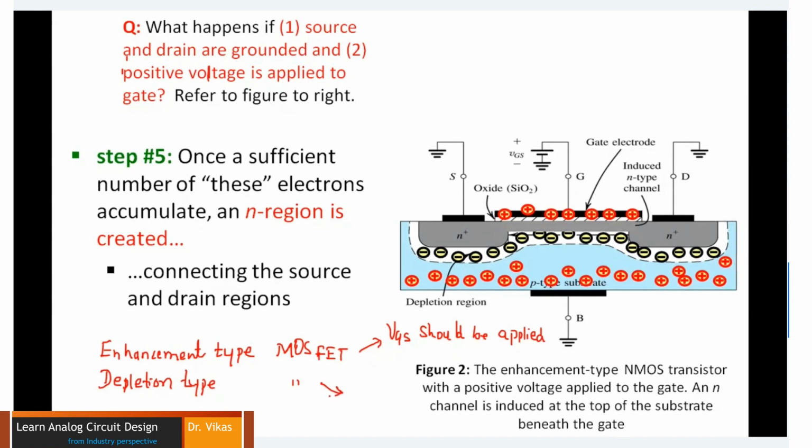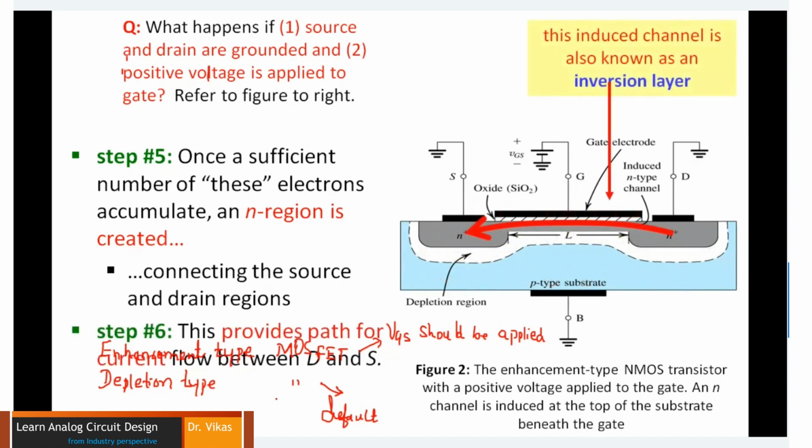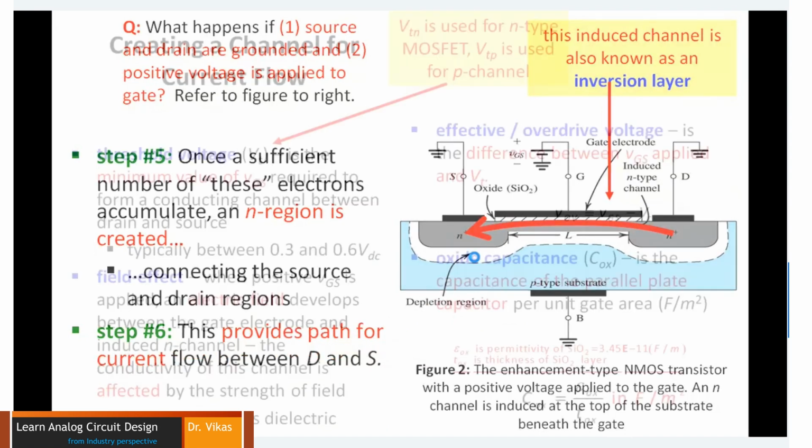By default, the channel will be present the moment it is manufactured, and you apply VGS just to increase or reduce the width of the channel. Otherwise, in the depletion type MOSFET, there will always be a default channel formed. This creates a path, and that's how the current starts to flow.